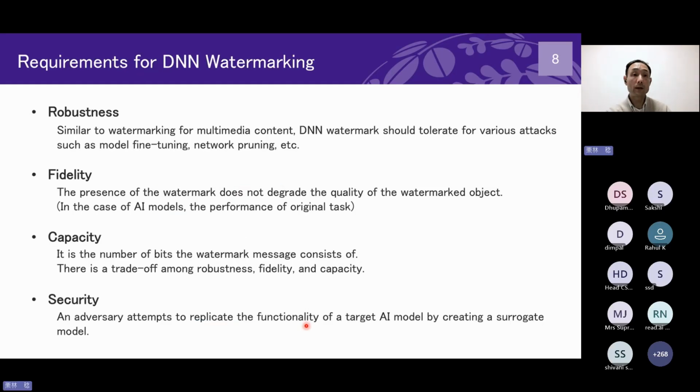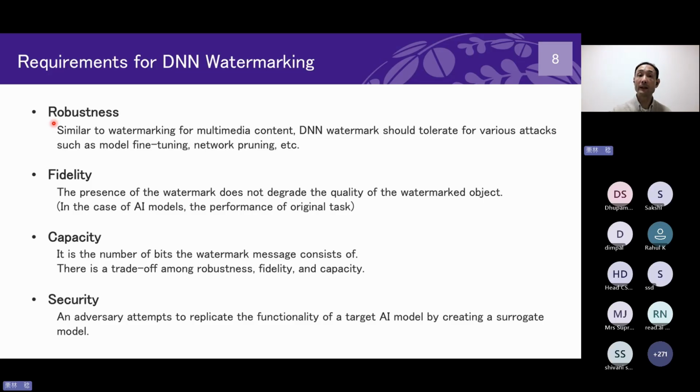Okay, this slide explains the requirements for DNN watermarking. In this slide, I enumerate 4 requirements. One is robustness, which is tolerance against attacks. In the case of multimedia contents, the watermarked contents may be modified by a malicious party to remove or change the embedded watermark.